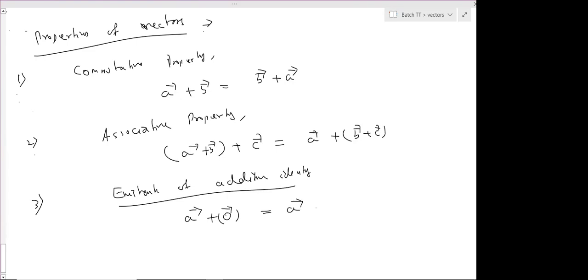So the zero vector is the additive identity of any vector. All right, everyone, you can get a 1 mark question out of this. So please remember, additive identity is the null vector. All right. Yes, sir. Okay, note it down.